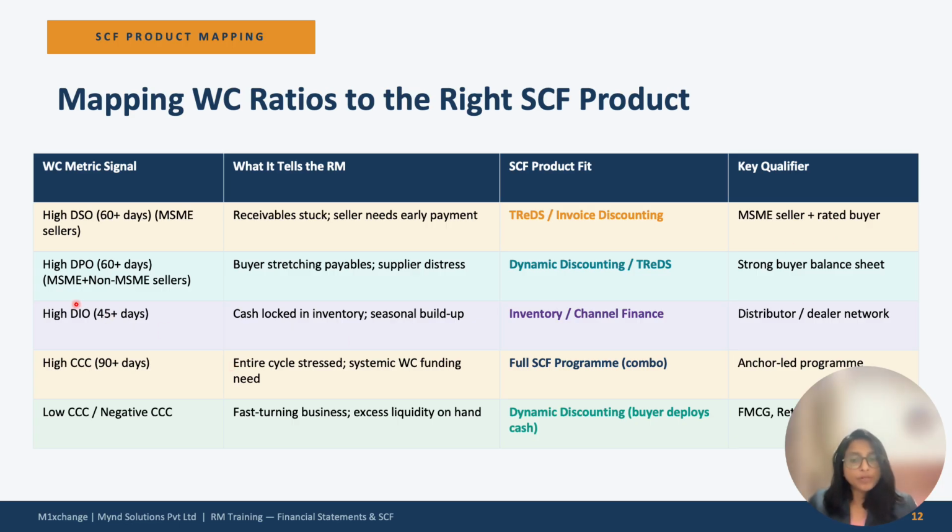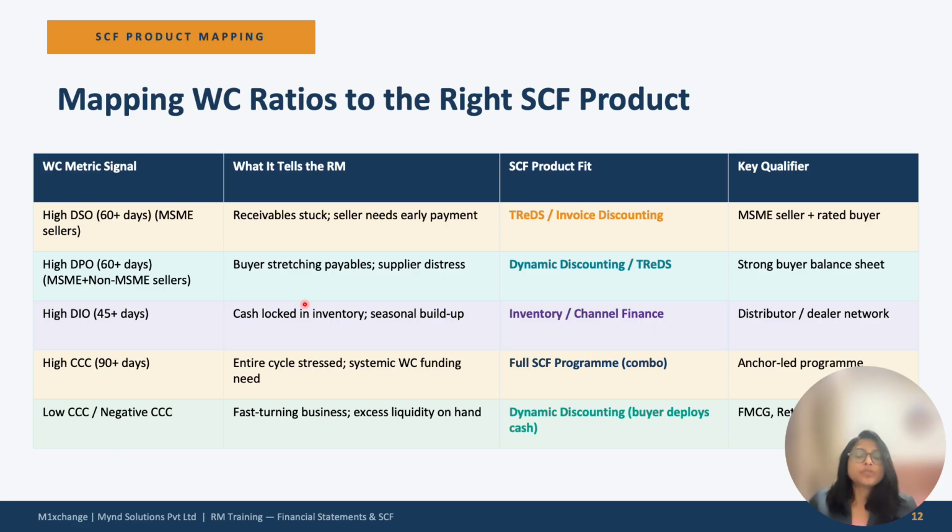Next we go to the DPO, that is your days payable outstanding. If it is high, say more than 60 days in a buyer's book, then we know that the buyer is stretching its payables, and that will put the supplier in distress. It is actually using the supplier's money to stretch its working capital.